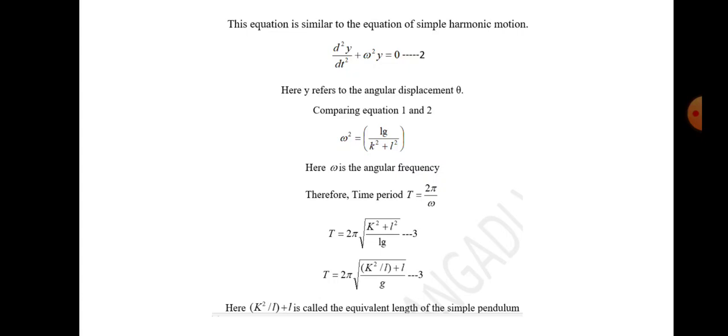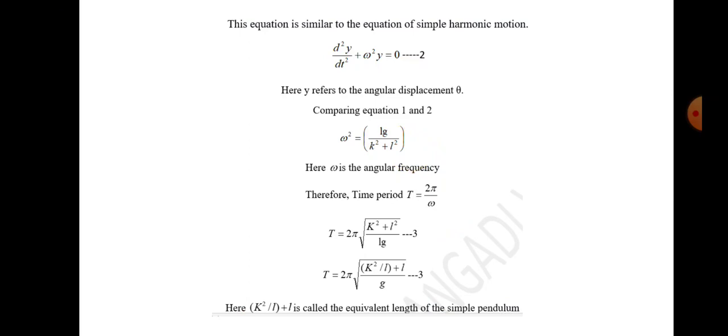Just substitute that ω here. Substitute the ω value here, that is T is equal to 2π into the square root, because ω² is there. T is equal to 2π, keep it as it is, then take the numerator, that is (k² plus l²) divided by Lg.